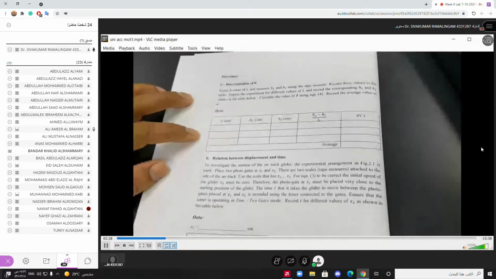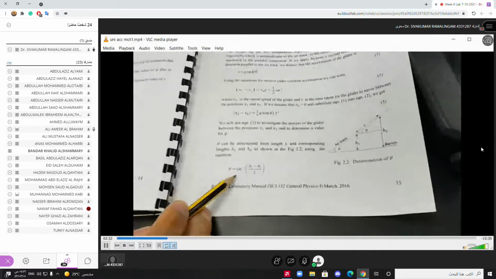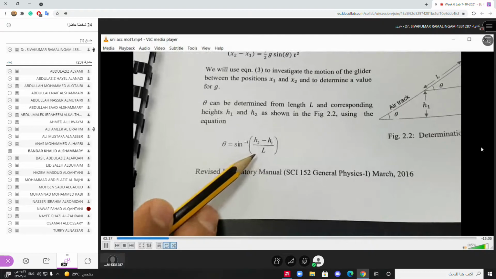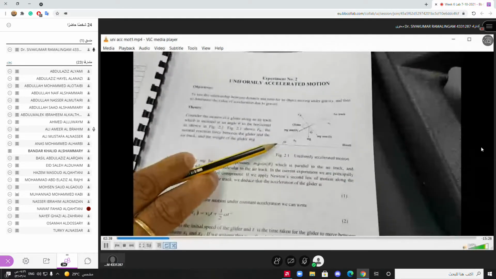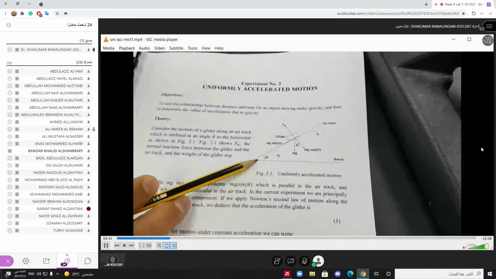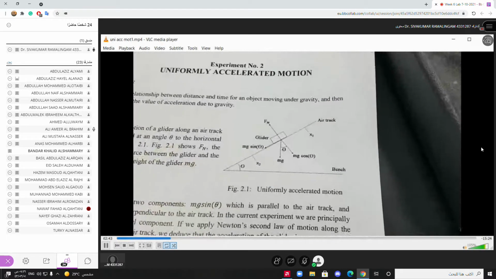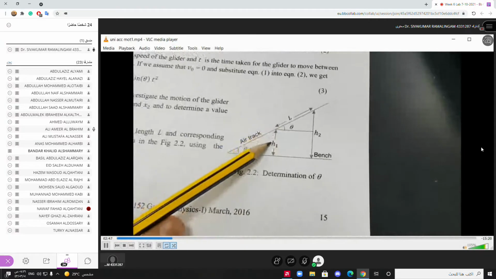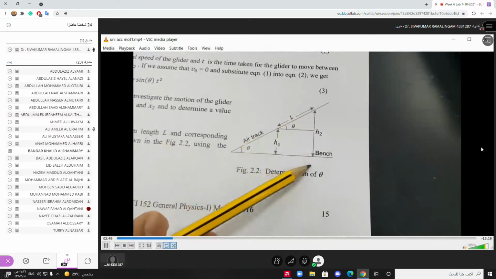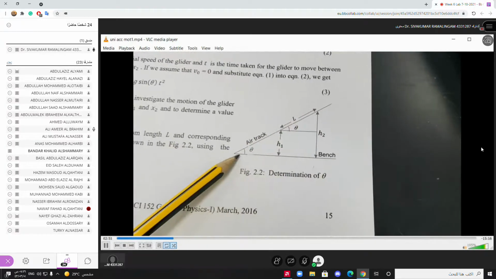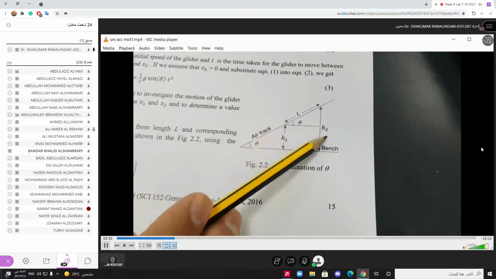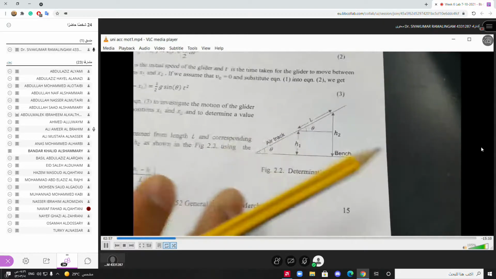Theta is equal to the sine inverse of h2 minus h1 divided by L. See, this is your L, this is h1, this is h2, and this theta I'm going to measure.